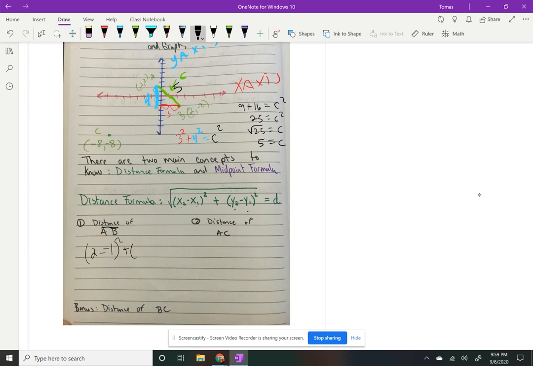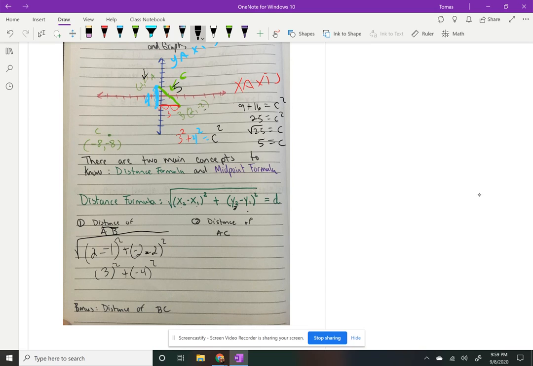Plus y2, which in this case is negative 2, minus y1, which in this case is 2, and we square it. So this becomes a positive, 2 plus 1, which gives us 3. Negative 2 minus 2 gives us negative 4.